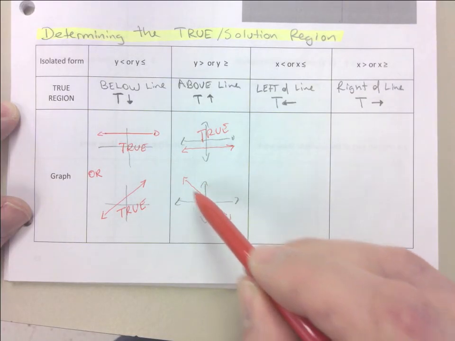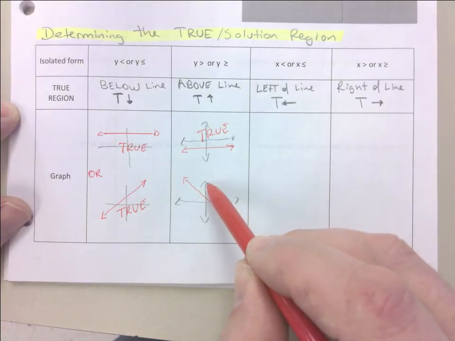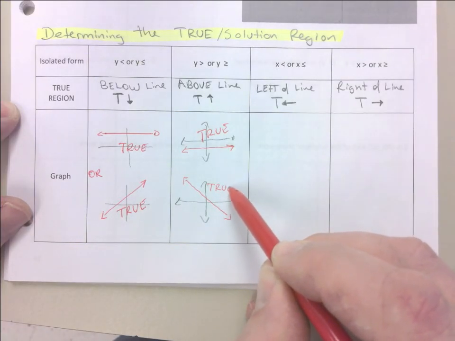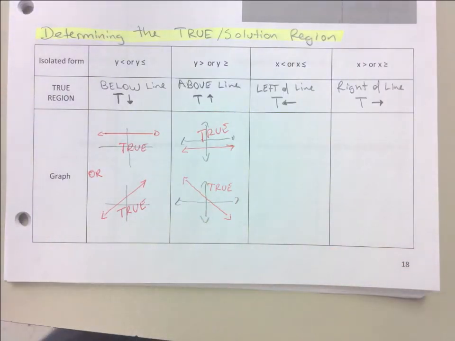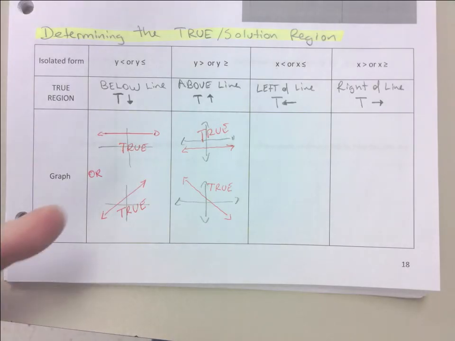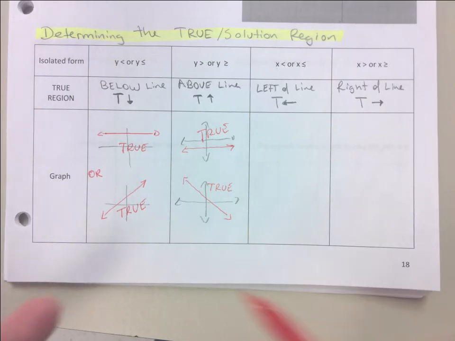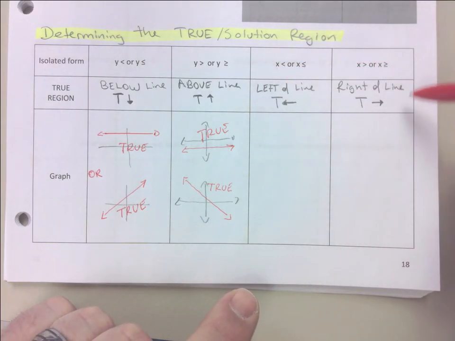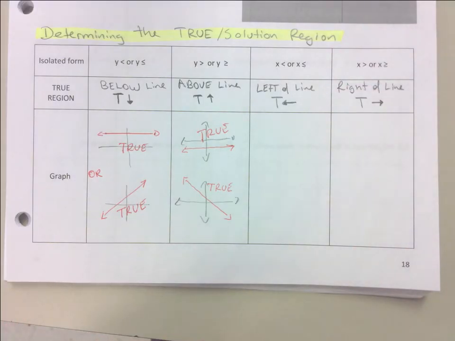And remember, this is your line. The true region is above the line. So it doesn't matter which way it's going, the true region is above the line. Okay? It could be solid or dashed. I didn't do a good job at making some dashed, but I think right now we're just focusing on the true region. Okay? When you have x only, you only have one option.